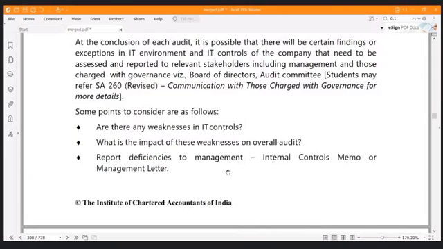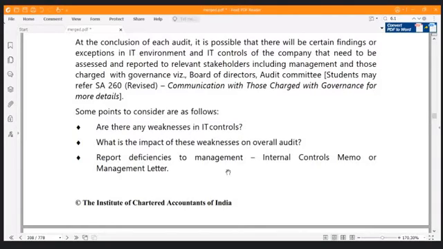So this is why there is a level higher than these people that comes into the picture, which is called the audit committee. The audit committee is those charged with governance, a particular group of board-level directors who will be assigned with a specific responsibility of overseeing the audits.